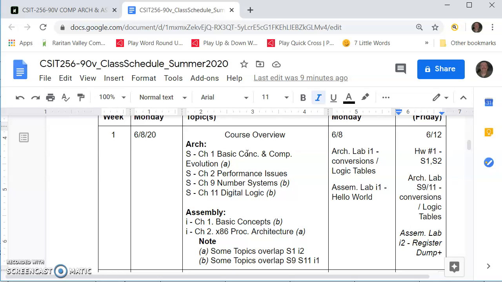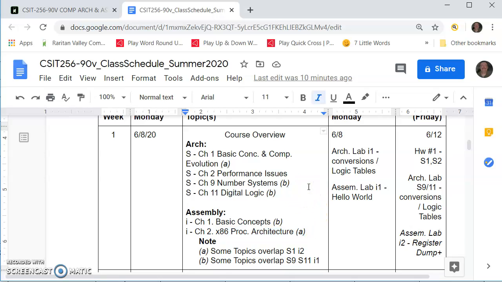So there's a lot of topics thrown out in that first chapter that'll be gone into in depth later. So Stallings chapter 1 and the Irvine chapter 2, there's a lot of overlap between those two chapters.